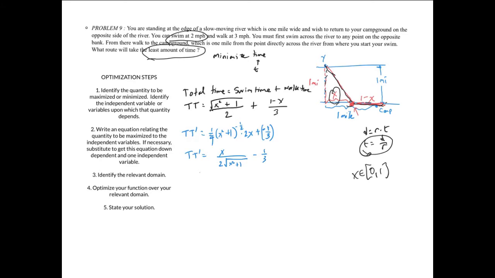So when I go to solve this, I'd get a fraction on each side, cross multiply, and square both sides because I have a square root. I distribute that 4.